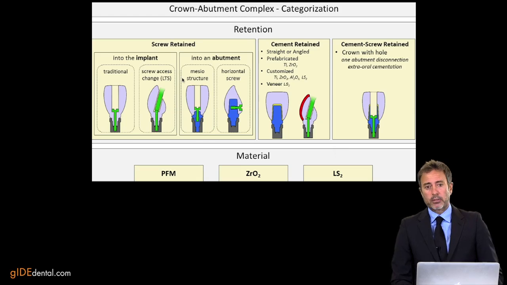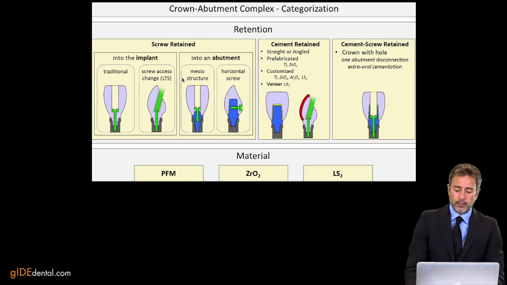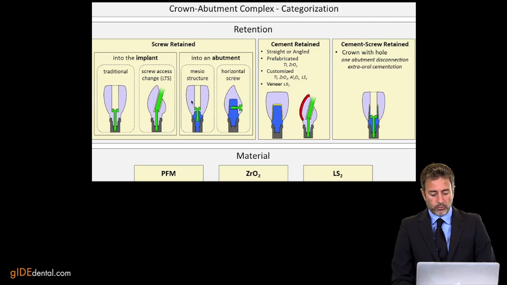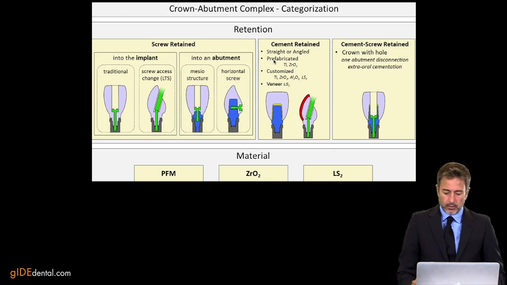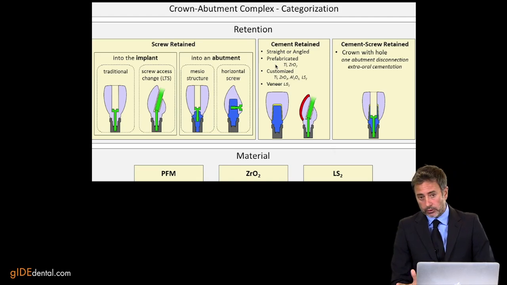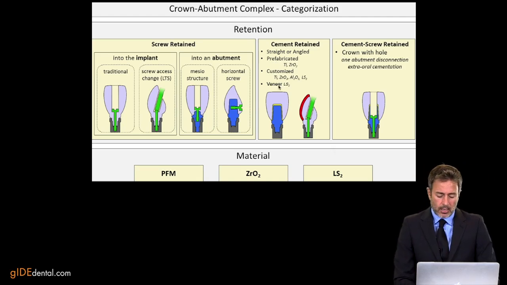We can have a screw retained restoration which is screw retained not into the implant but onto a mesostructure, or a horizontal screw, which we don't use anymore. Or we can have a traditional cement retained restoration, like you see in this diagram, on a straight or an angled prefabricated abutment or customized abutment.